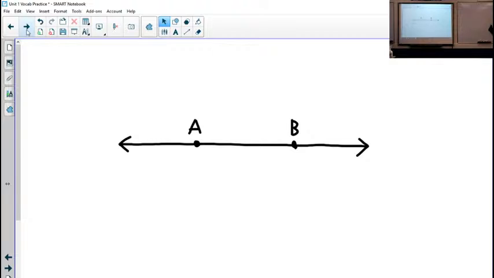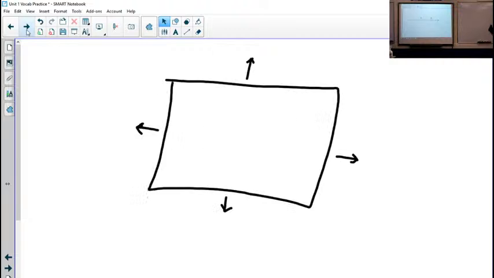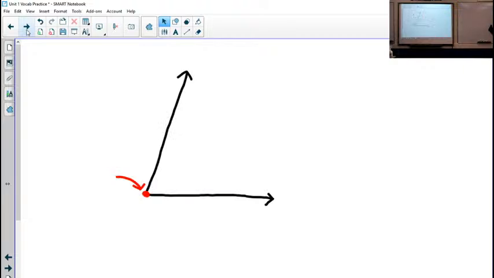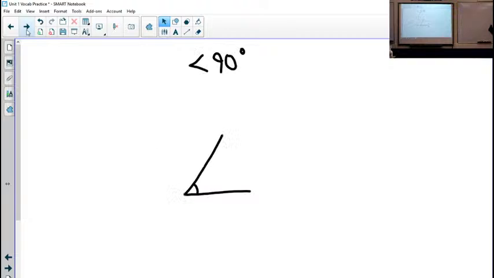What is it again? Line. You say it, you'll remember it better. Plane. Midpoint, the point exactly in the middle of the segment. Vertex. Good, that one's a tricky one.